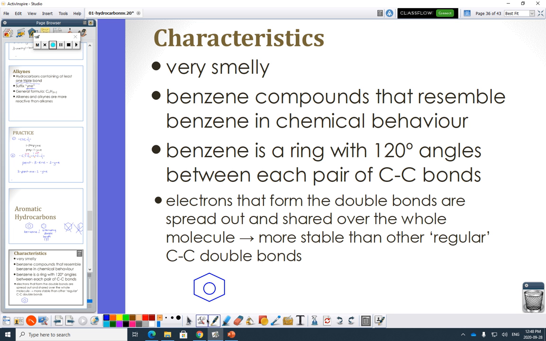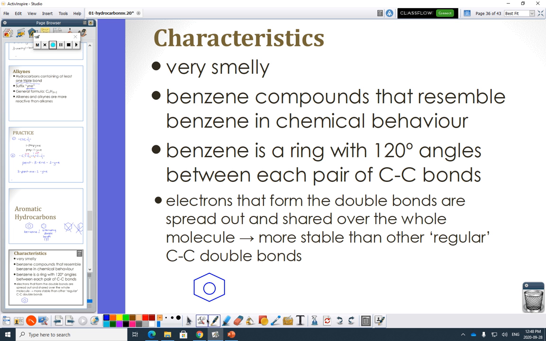And we call that resonance, similar to the polyatomic ions, right? Where they could have a double bond on the top, a double bond on the side. All of the oxygen atoms around the outside were the same. So then it can shift. Same thing here. The double bonds inside, their electrons can move around as long as it's alternating. Double bond, no double bond, double bond, no double bond.